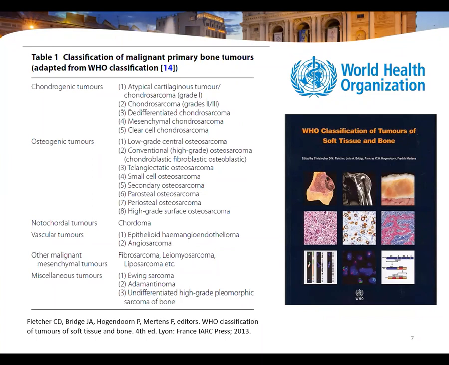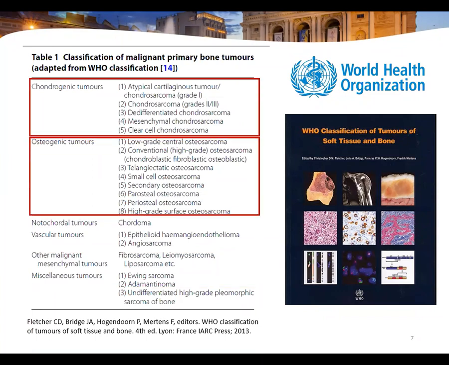Osteogenic tumors like low-grade central osteosarcoma, conventional high-grade osteosarcoma, telangiectatic osteosarcoma, small cell osteosarcoma, secondary osteosarcoma, and so on. Notochordal tumors like chordoma, vascular tumors like angiosarcoma, other malignant mesenchymal tumors like fibrosarcoma, leiomyosarcoma, and other more rare tumors like Ewing sarcoma, adamantinoma, and so on.